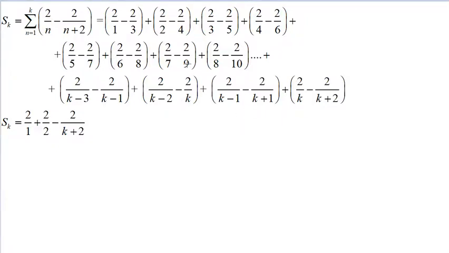But notice the following. This is minus 2/3 and this is plus 2/3, so this and that will cancel out. Minus 2/4 will cancel out with the 2/4, so that will drop out. Minus 2/6 will cancel out with plus 2/6.